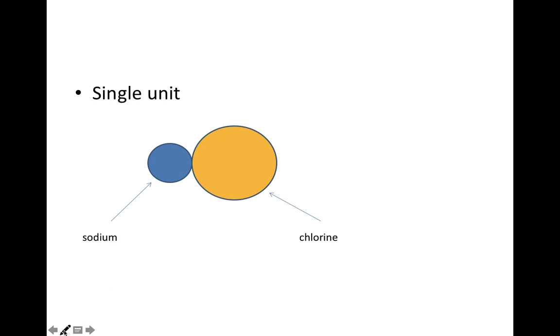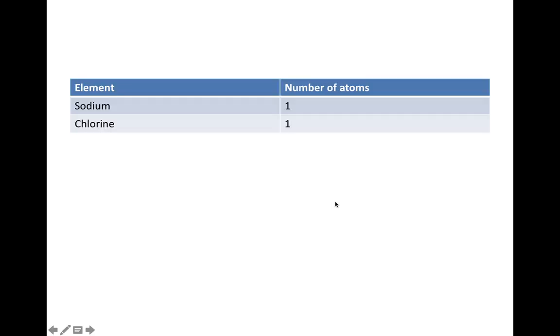So NaCl is represented by the following diagram. NaCl means you have 1 atom of sodium and 1 atom of chlorine, which is shown here. Here's sodium and here's chlorine. So we have 1 and 1.